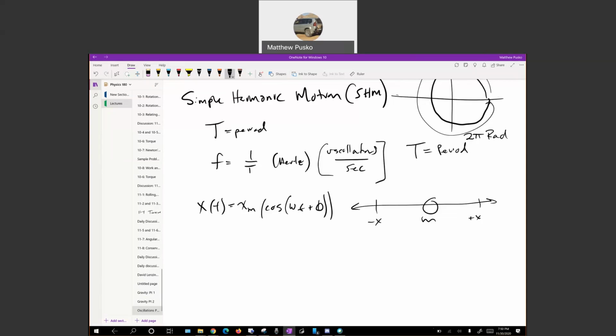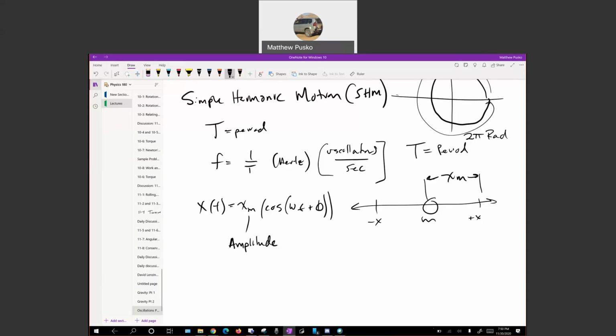And I'll define those in just a second. This is referred to as the amplitude. So this would be this distance right here, x_m.